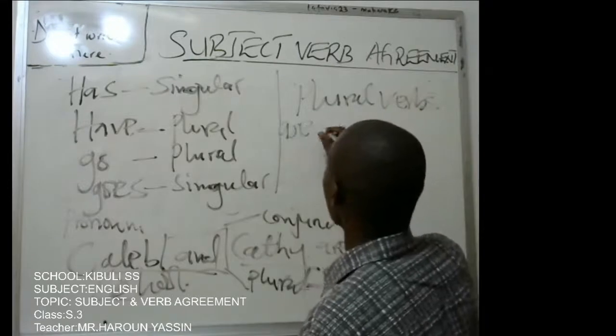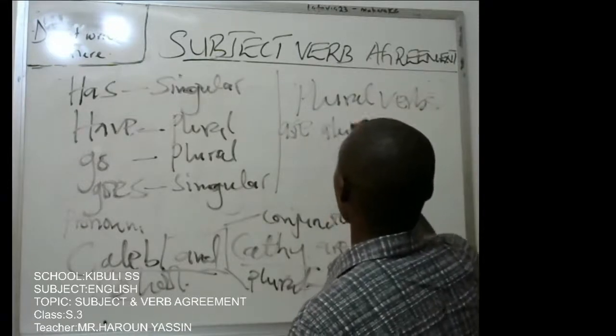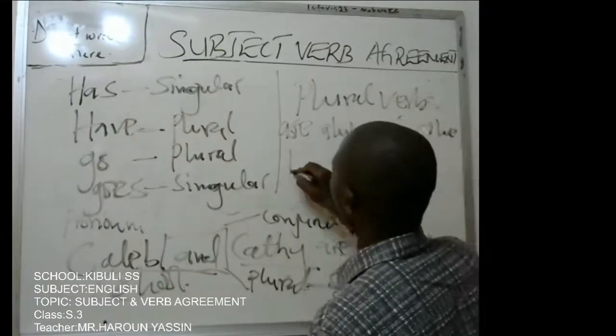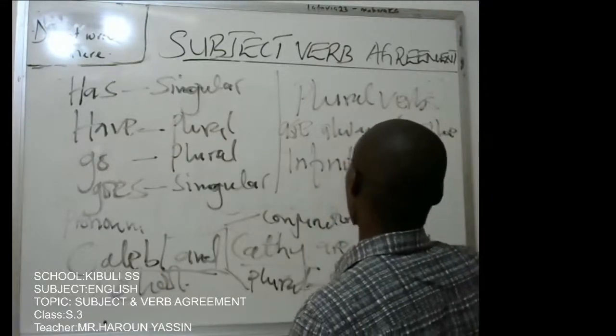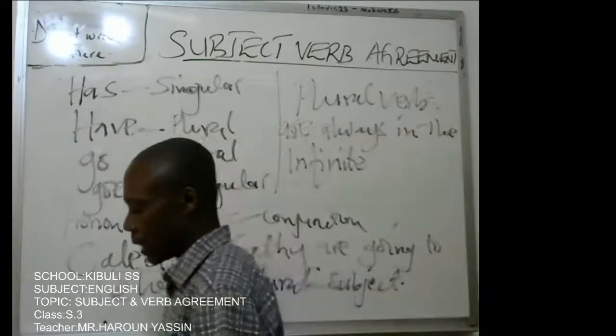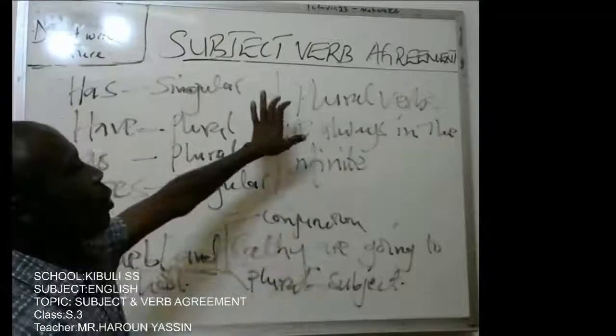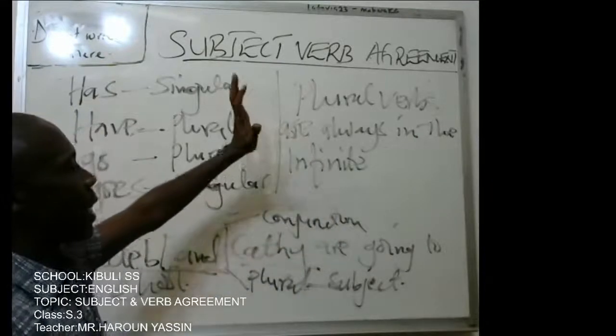In most cases, verbs that are plural are always in the infinite form. I don't know whether I'm bringing new terminologies here. Plural verbs are usually those ones which are in the infinite form.